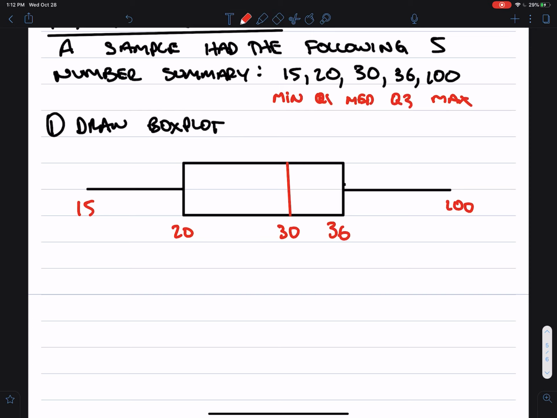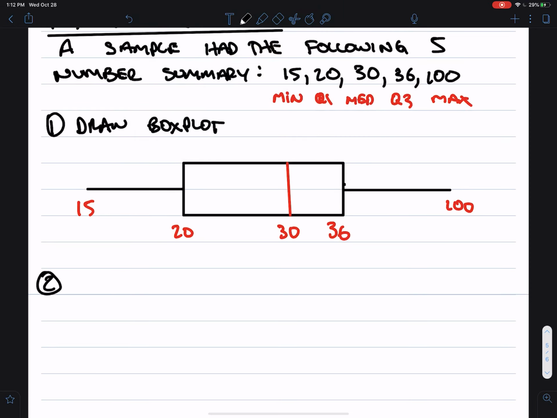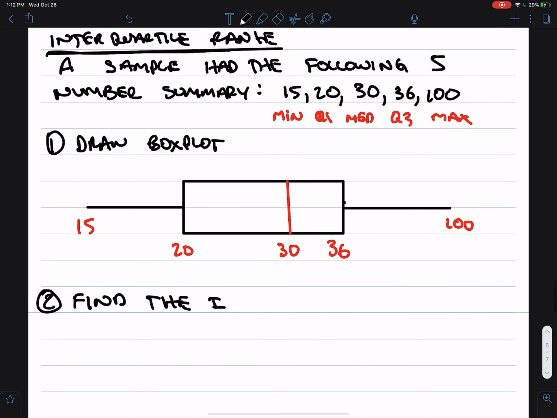Now there's something called the interquartile range. Find the IQR.